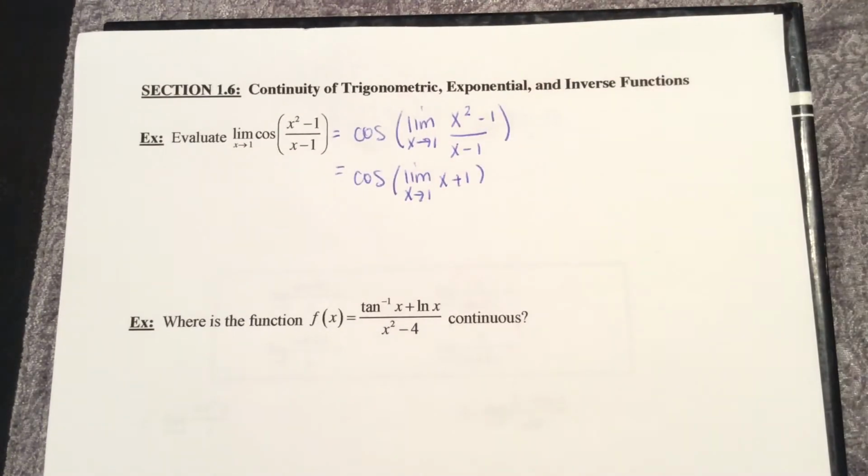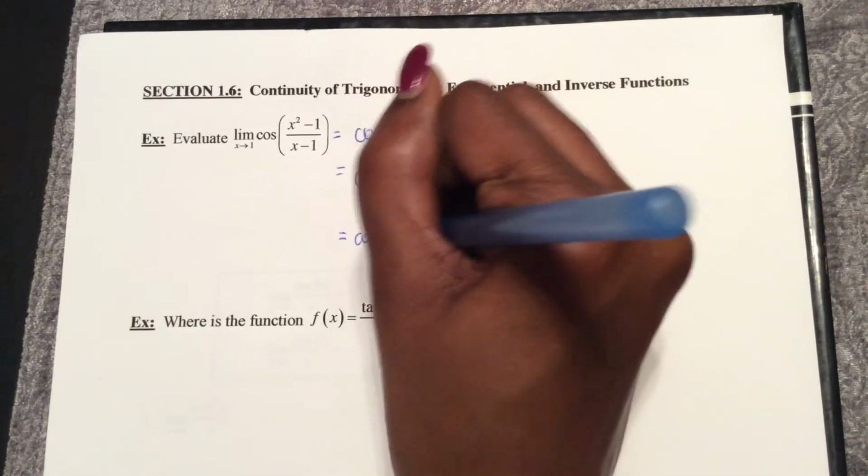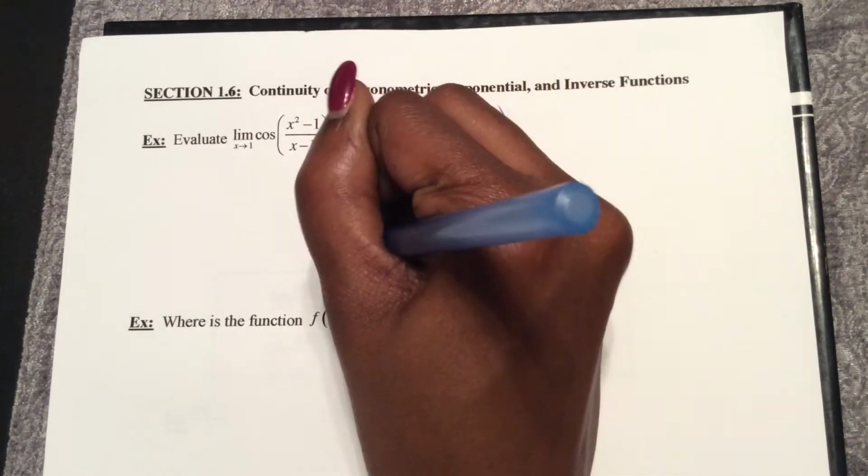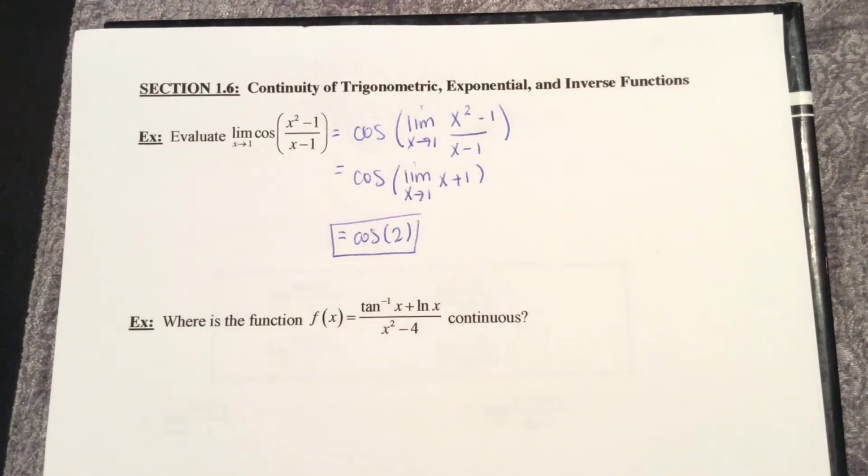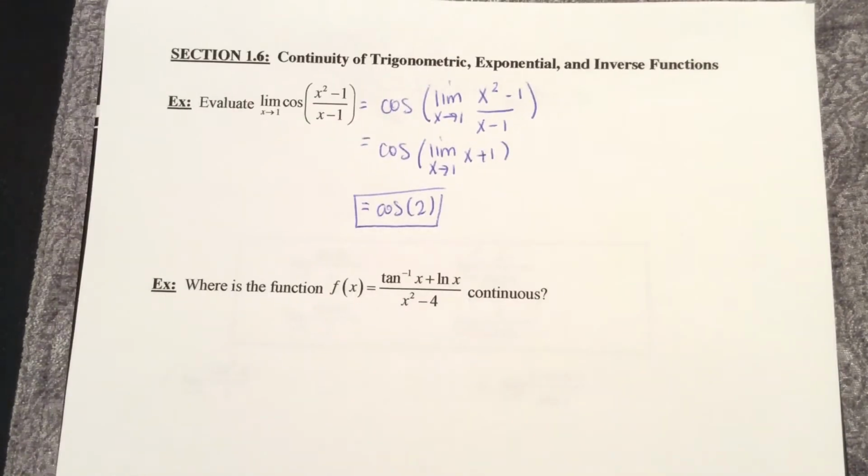Then the limit as x approaches 1 of x plus 1 is 2. So my final answer would be cosine of 2, and that's my exact answer. I don't really need to get a decimal approximation of that.